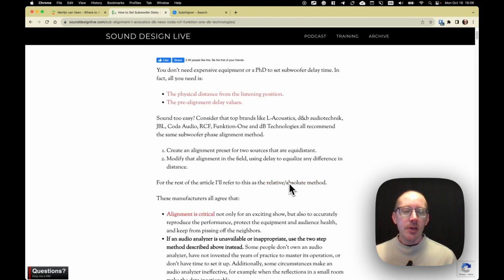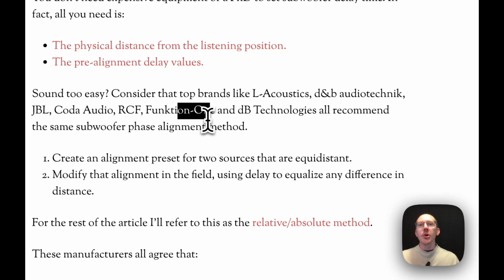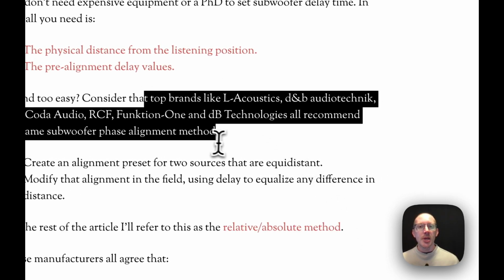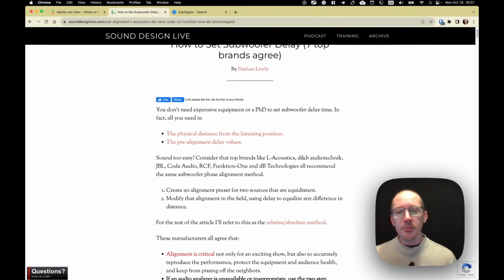So if you click over here, you'll see Merlin's article where he explains it, and I'm using his name for this method because all of these manufacturers have slightly different names for it or no name at all. So I'm calling it the relative absolute method like Merlin does, and there are a bunch of manufacturers that recommend it, so you can take a look at this article if you're not familiar with that yet.